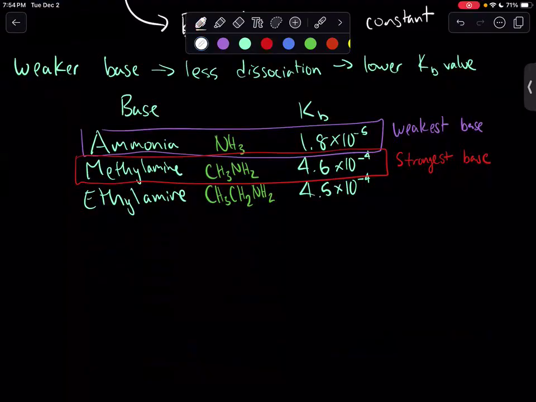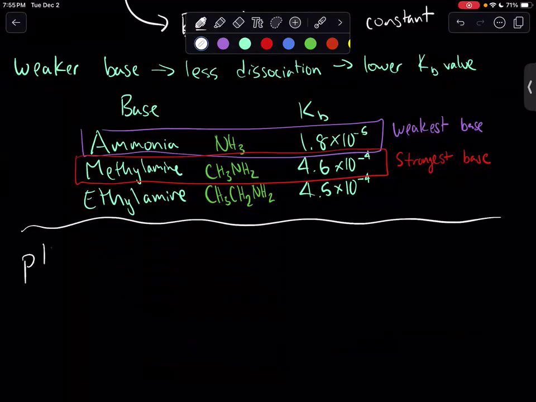Now, the last part we did is we used concentrations of H+ to get the pH, OH minus to get the pOH. Now we're going to figure out something called pKa and pKb. These values are just made to more easily represent the dissociation constants.